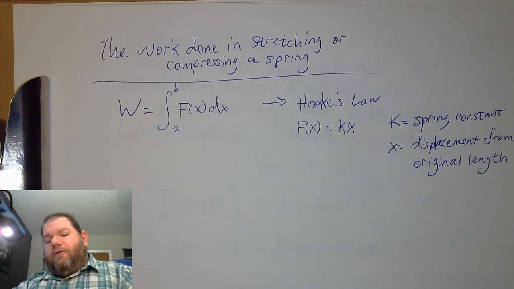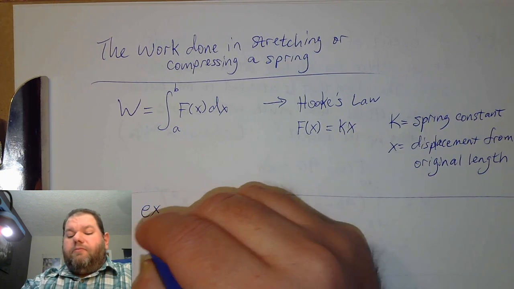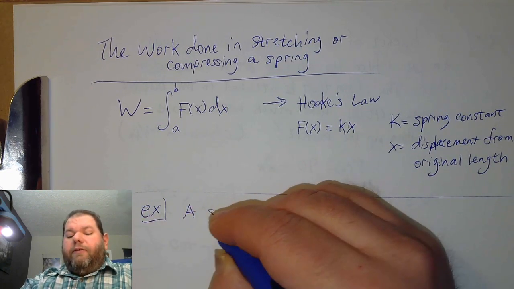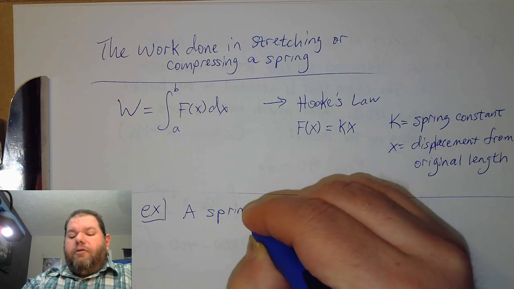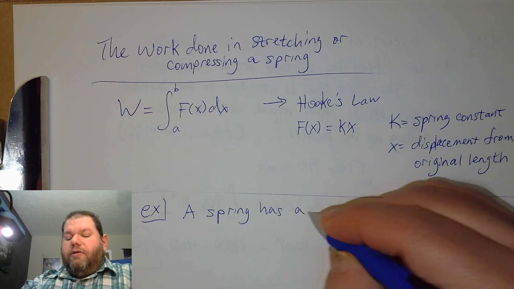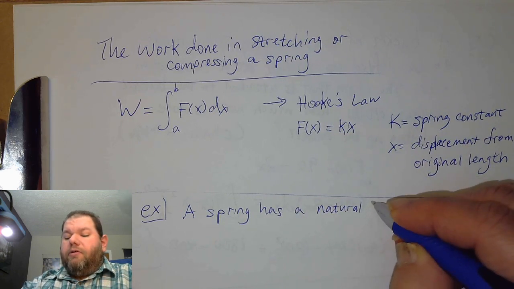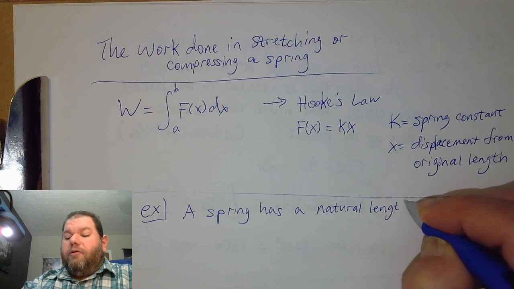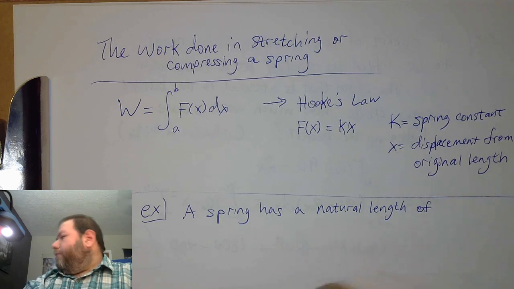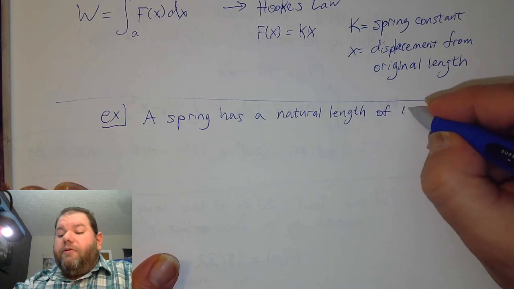So let's say, for example, a spring has a natural length of, let's say, 10 centimeters.